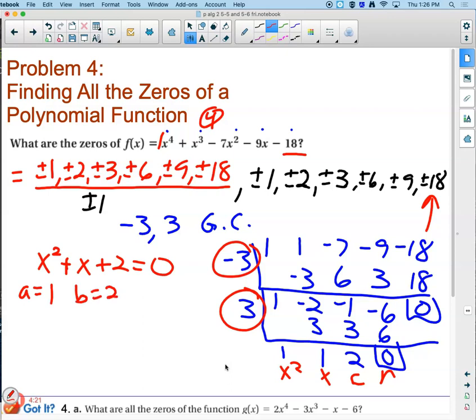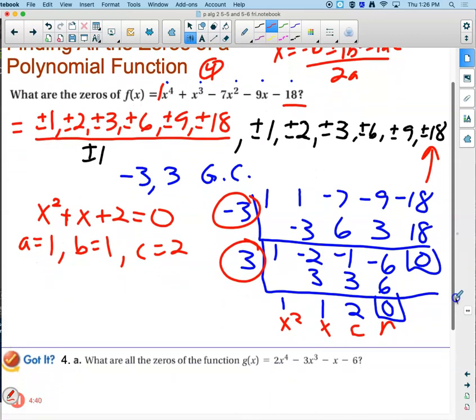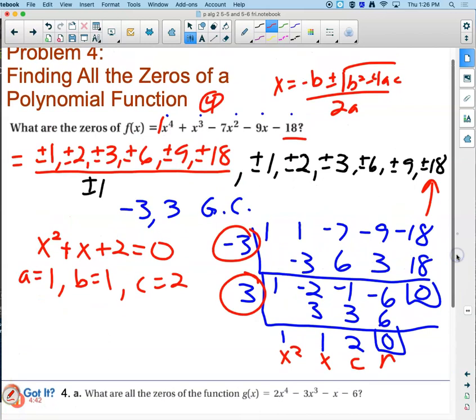But the numbers are nice and small. A is 1, B is 1, and C is 2. And then you just sing the little song in your head. X equals negative B plus or minus the square root of B squared minus 4AC all over 2A. But in the back of my mind, I'm thinking, these are definitely going to be imaginary because we couldn't see them.